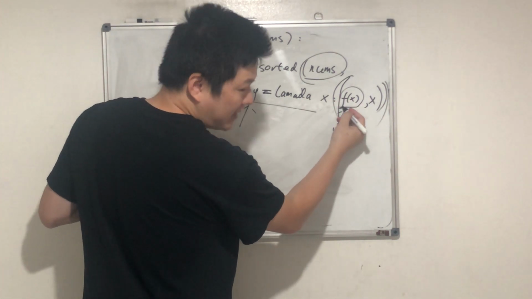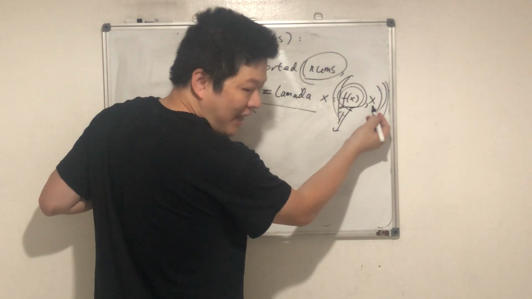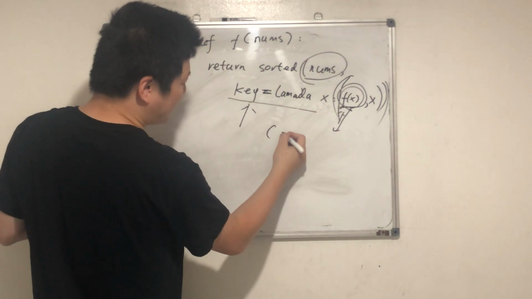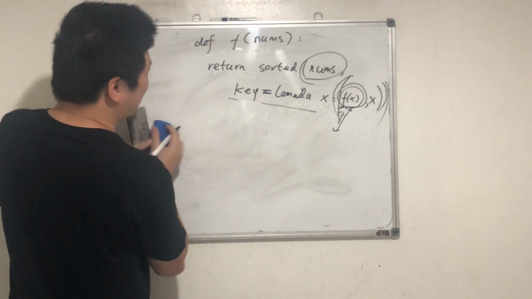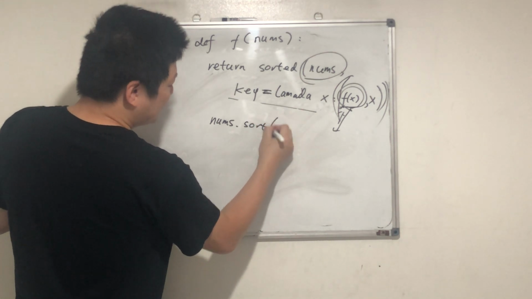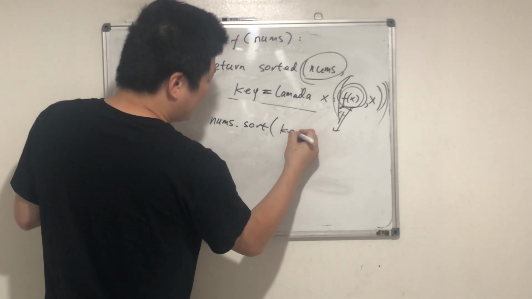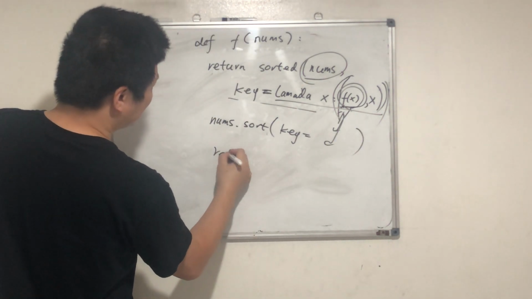The first thing is the Hamming weight. If the Hamming weight is the same, then you look at the actual value. Okay, so that's what it means. Actually, you can do this as well: nums.sort, and then you can do key equals, this is the same thing here, right? And then return nums. This is the same thing.